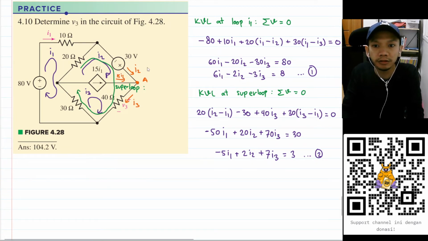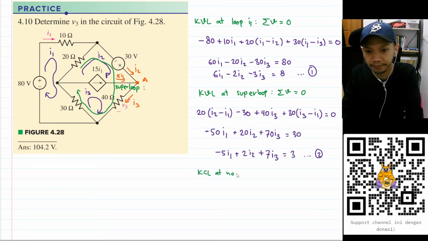So we can use KCL at node A. KCL says that the sum of the currents going in is equal to the sum of the currents going out. The currents going in are I2, and 15 I1 also going in, so plus 15 I1.